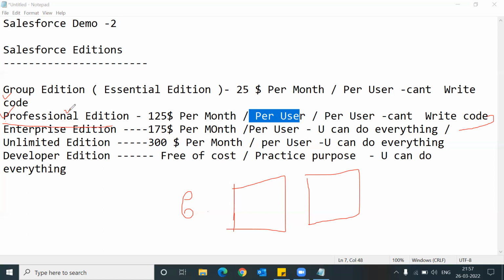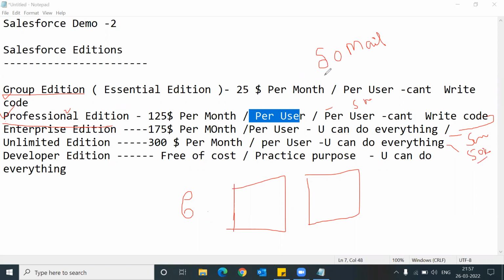You can convert from group edition to enterprise. In these editions the difference is just the limitations. In group edition, suppose you can send 50 mails per day to a client. In the next edition you can send 500 mails, in the next 5,000 mails per day, and in the next 50,000 mails per day.